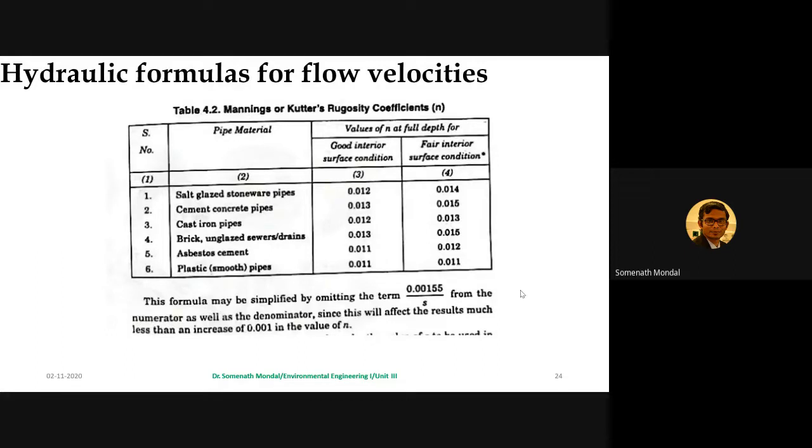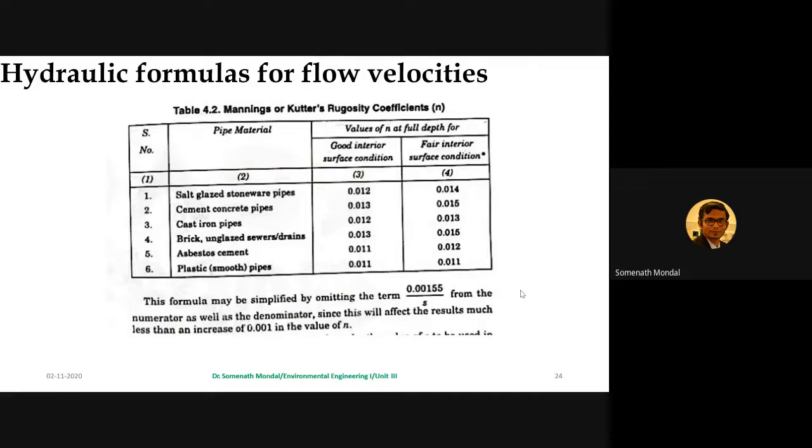Now here I have given you the table where you can directly adopt the Manning's or Kutter's rugosity coefficient. Since we are discussing Kutter's here, the same table can be adopted.